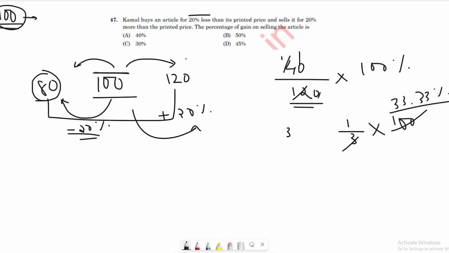This should be the answer, but is there any 33.33% in the options? No, there is not.